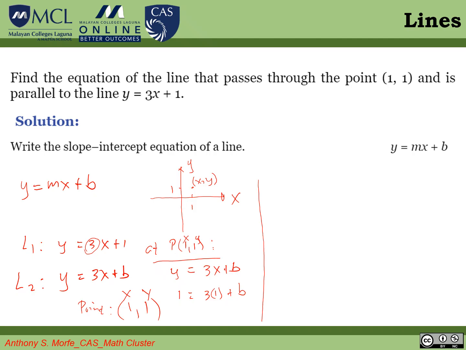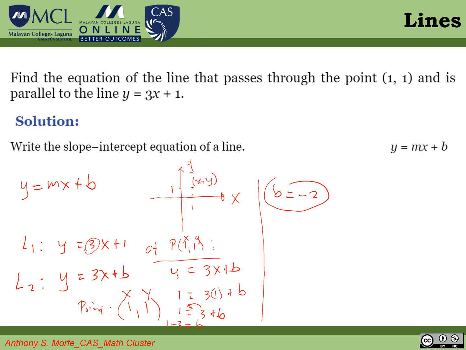So 1 equals 3 plus b. Transpose this to the other side. So this will be 1 minus 3 equals b, or b is equal to minus 2. Alright, so b equals minus 2.